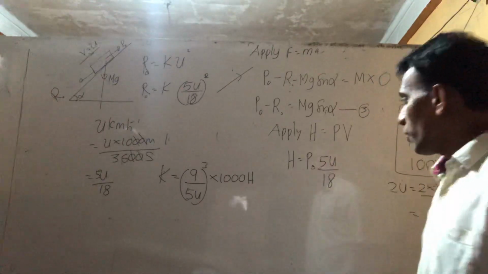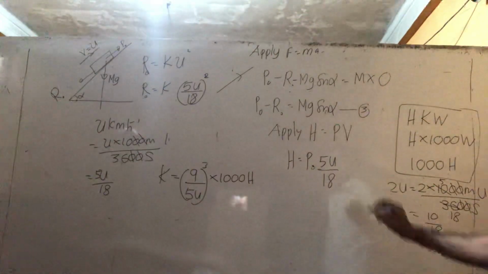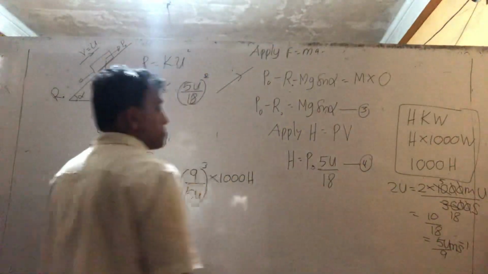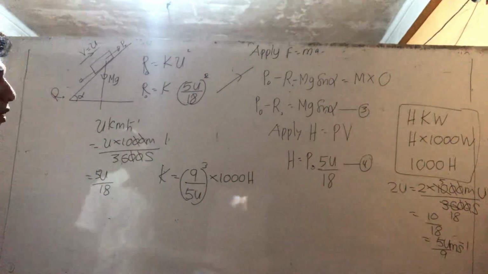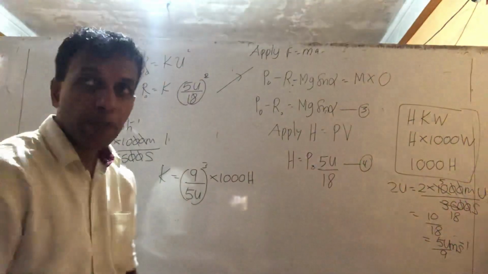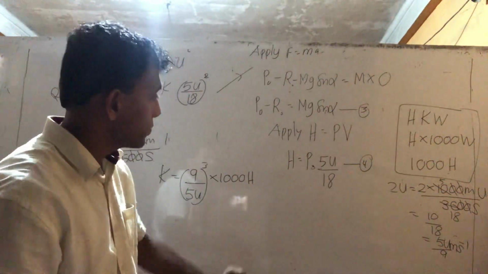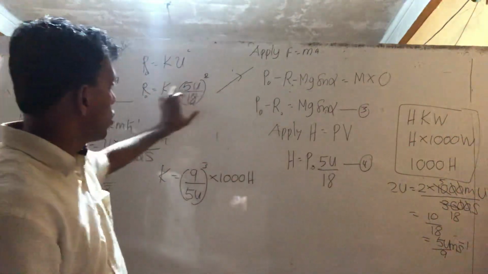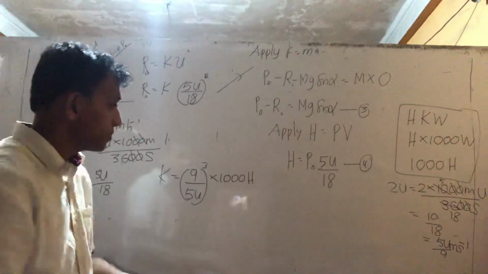I call this my fourth equation. Now connect them all; the problem is to find the capital answer. So for P naught I can substitute 18H over 5u. Also I know R naught, connect everything.